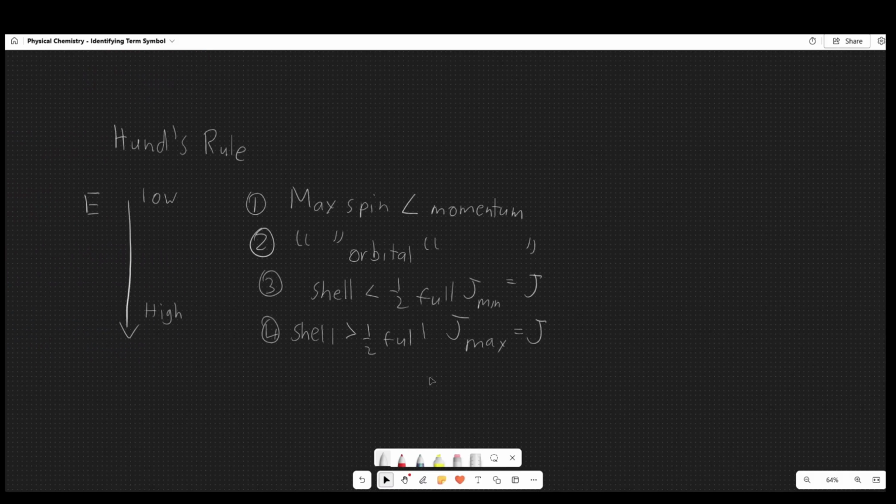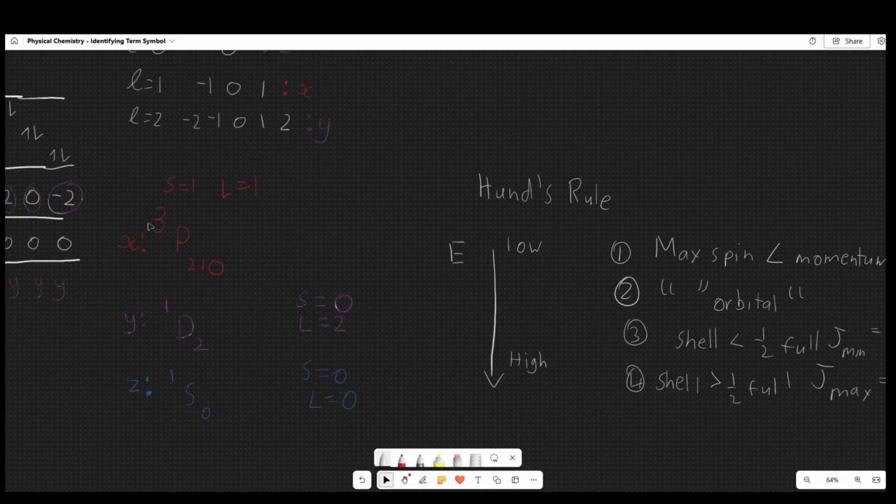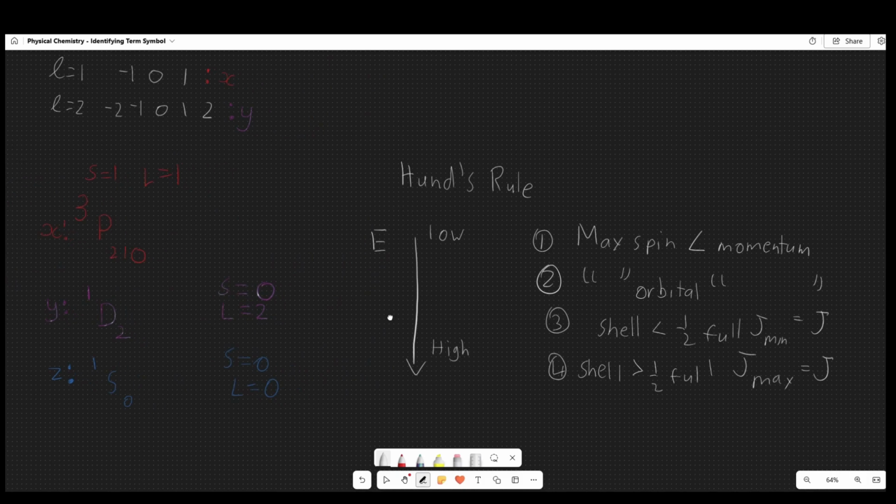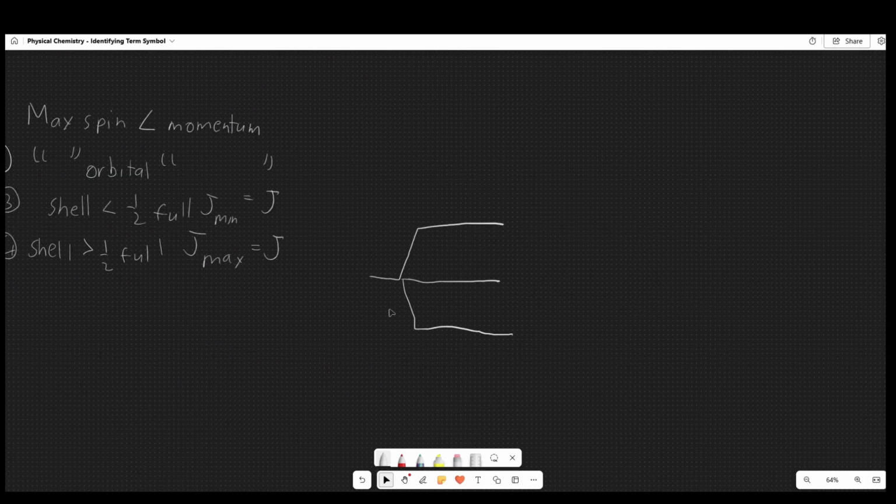If I was to draw the Hund's rule energy placement for this, since we have 3 term symbols, it would be something like this. Basically what we do is ask which one has the maximum spin angular momentum. If we go back, this one has the max. So we're going to put 3P2,1,0 in the bottom one.